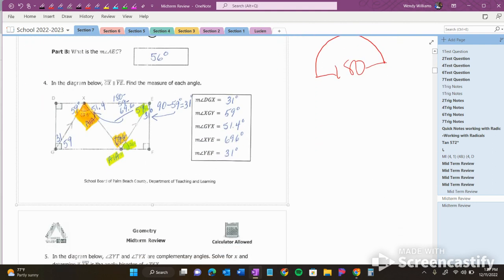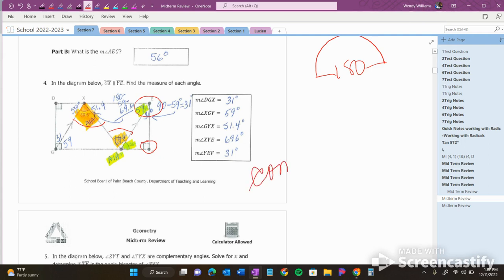On number 4, we have parallel lines cut by a transversal. We end up with alternating interior angles, which we will get all the time. The other key to this problem is that this angle is 90. This angle is 90. That means that those two pieces at the top are complementary.